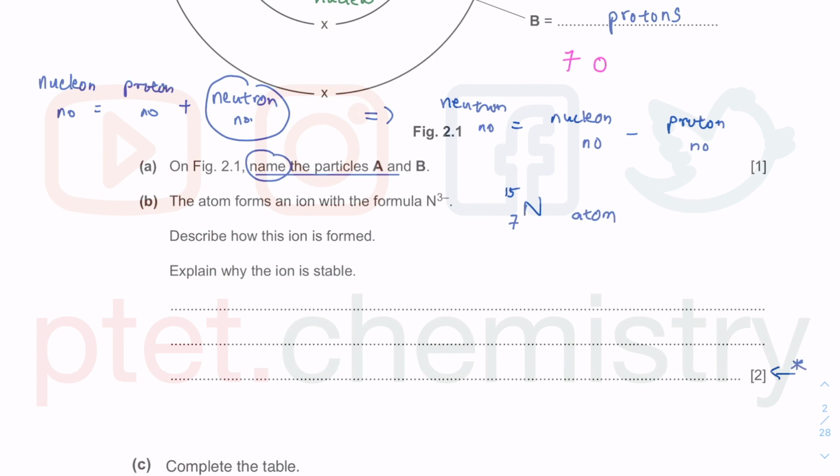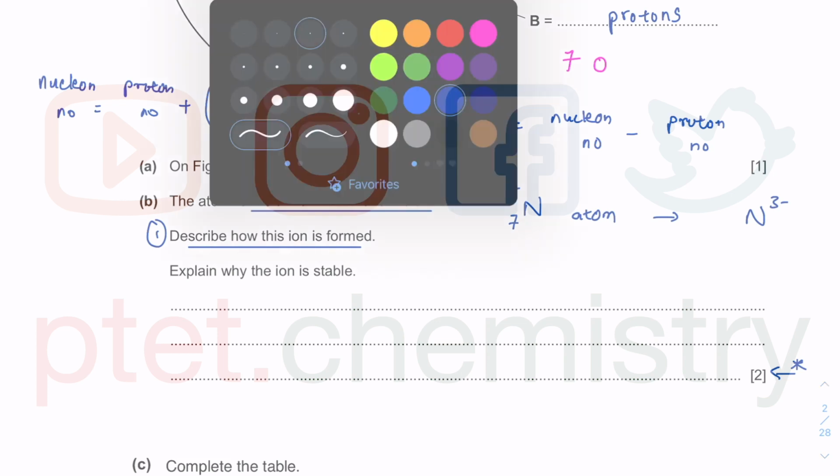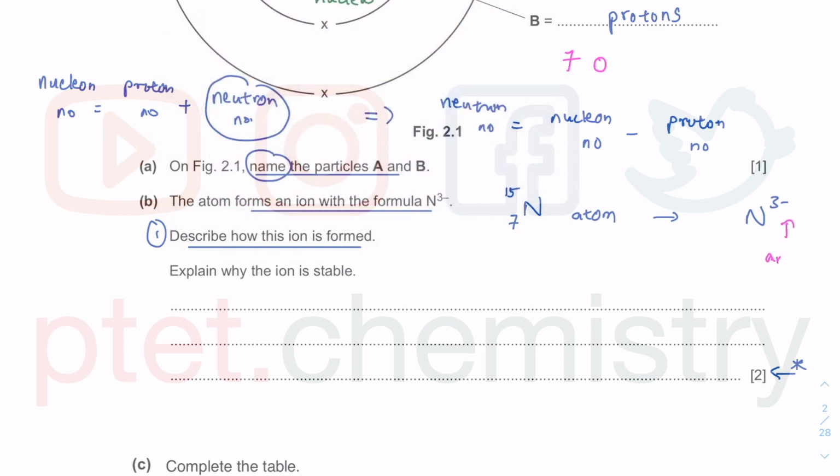If you read the question, they say it forms an ion, N3 minus. First of all, describe how it is formed. So the atom becomes N3 minus. N3 minus represents an anion because it's negatively charged, and you have a 3 minus because you have gained 3 electrons.